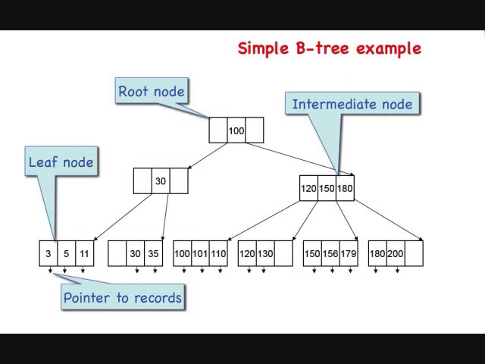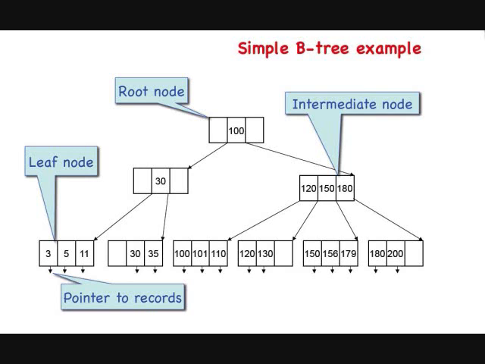Right, so a very simple B tree example. There's our root node. We know that roots always appear at the top because we're computing people, and there's only one of them. So we've got a root node, a couple of intermediate nodes, and some leaf nodes.